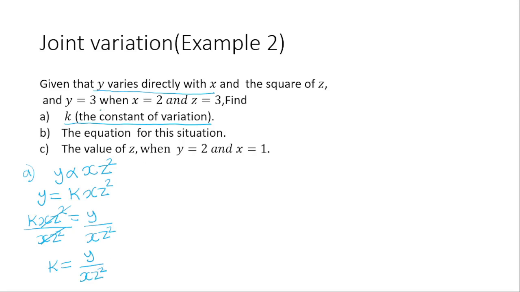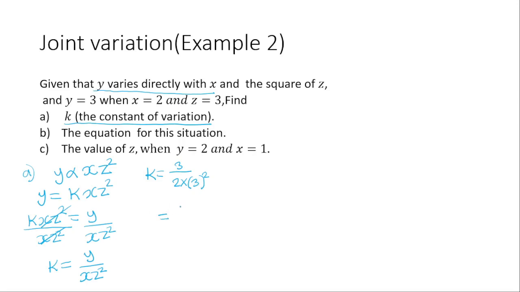In the question, you've been told that y is 3, x is 2, z is 3. We substitute those values. Where there's a y, you put a 3. Where there's x, we put a 2. z is 3, so you square it.